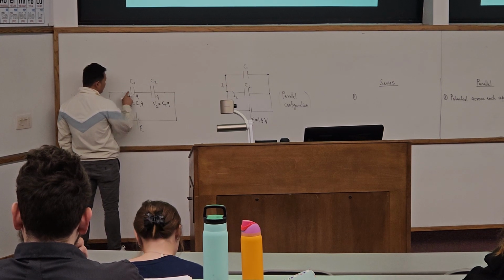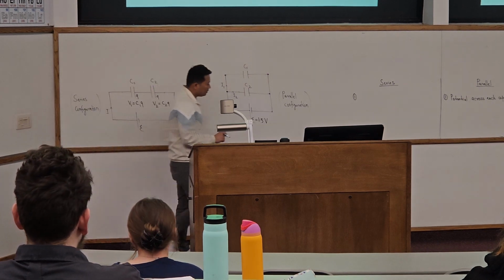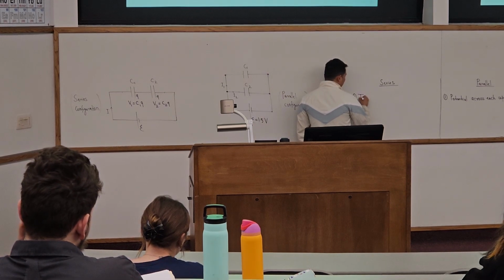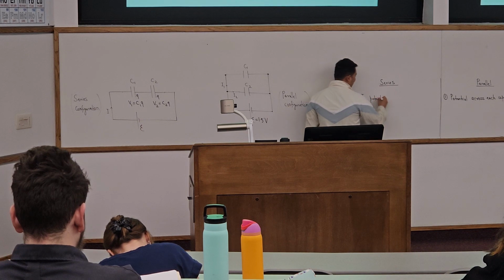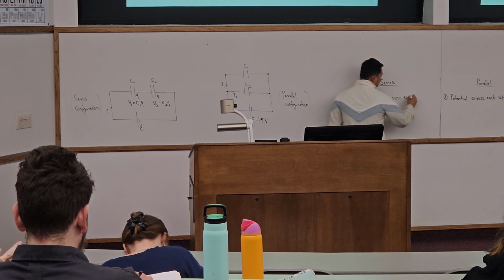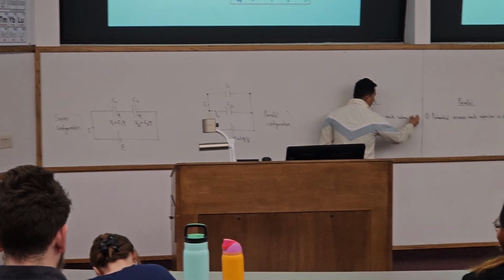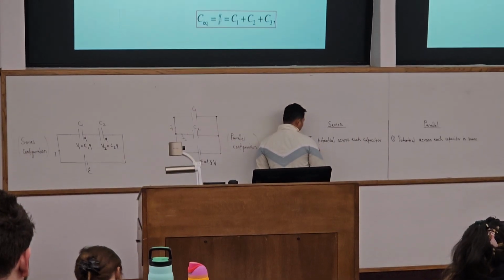So V1 will be across C1, and V2 will be across C2. So the potential across each capacitor connected in series will be different.